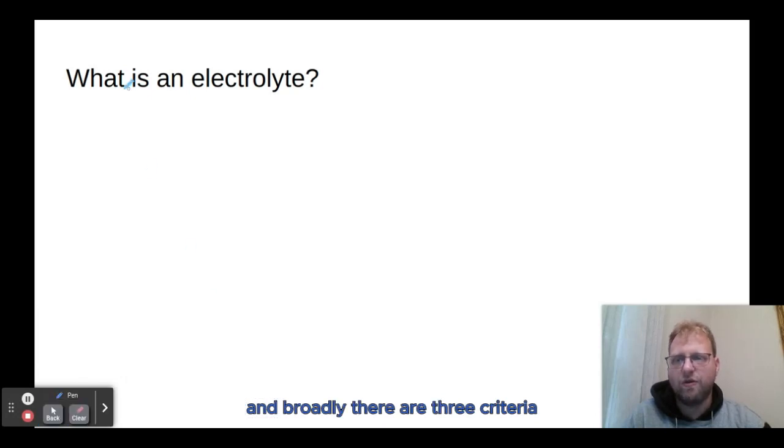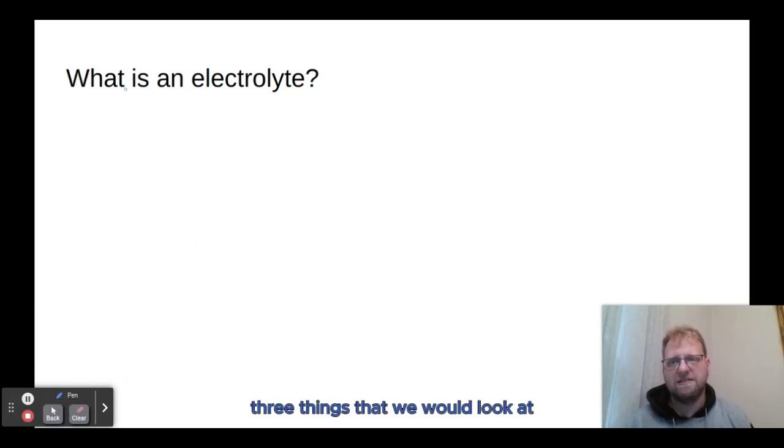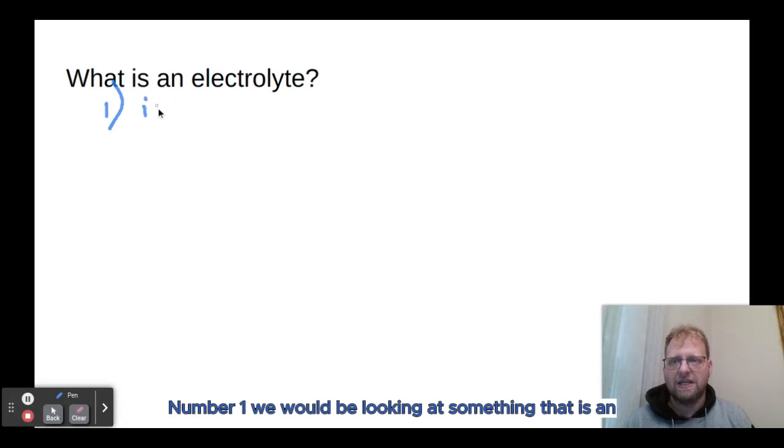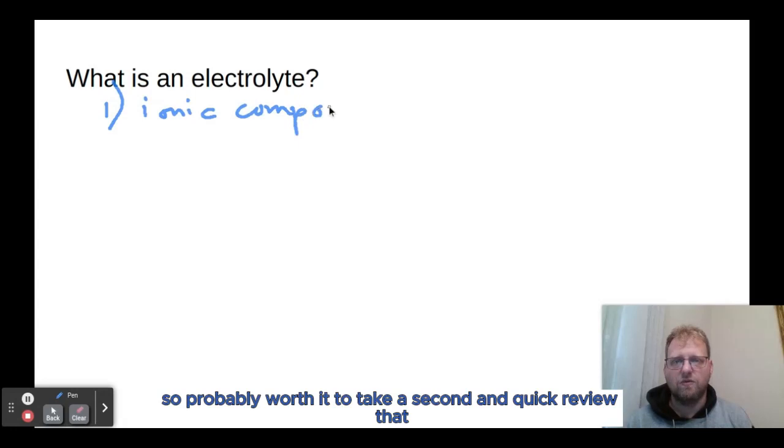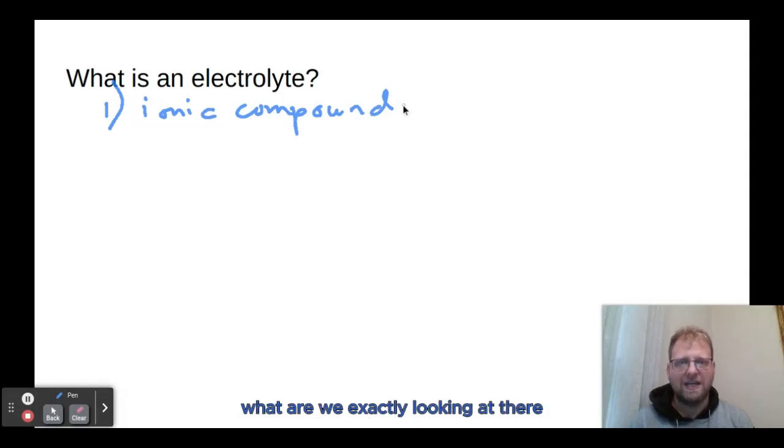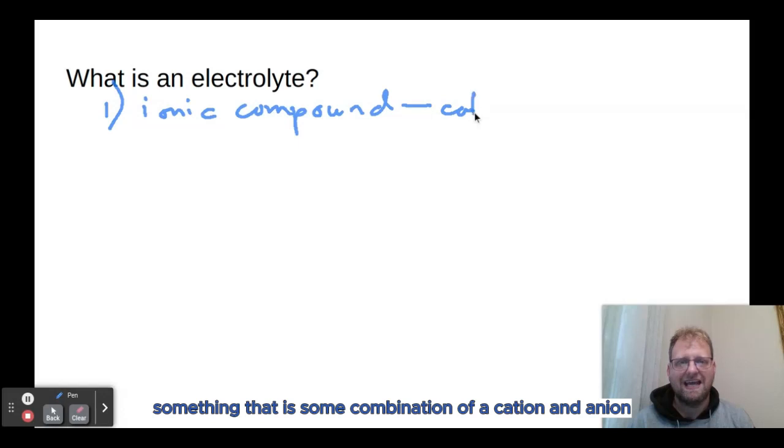Broadly, there are three criteria, three things that we would look at for classifying something as being an electrolyte. Number one, we would be looking at something that is an ionic compound. It's probably worth taking a second to quickly review that. What are we exactly looking at there? Something that is some combination of a cation and an anion.